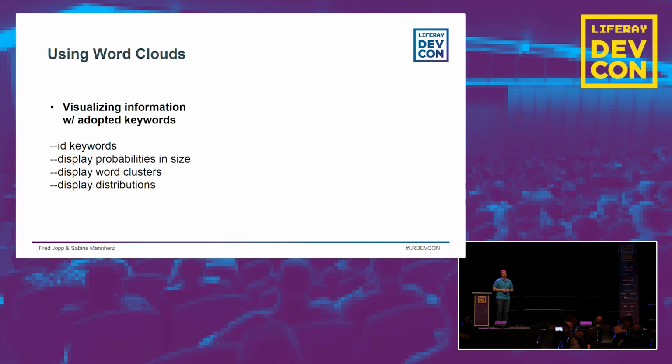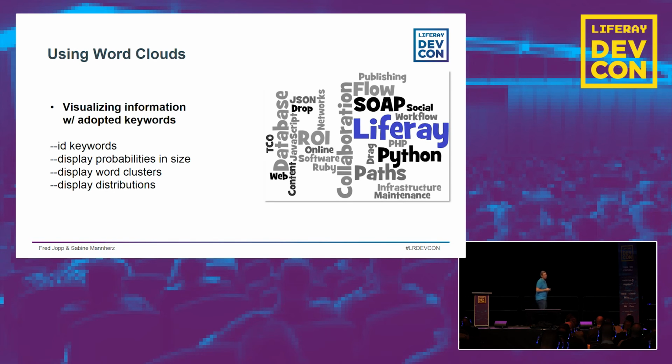Then you can also do word clustering, showing the words that come together, that are very big and very important for the description of the user situation, and display this distribution. With a simple example of information from the official Liferay homepage, you get a word cloud like that with the methods we used so far.